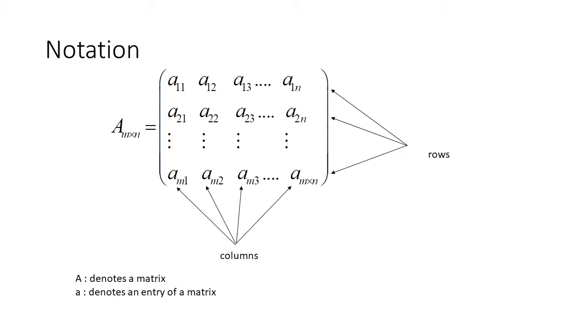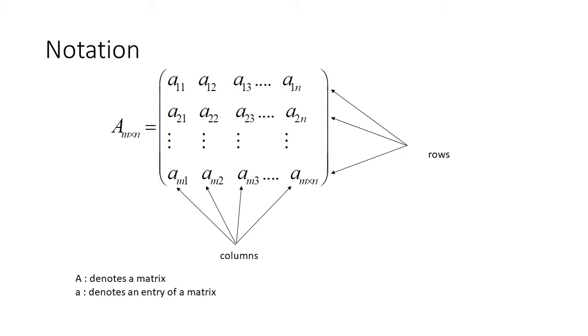a11, a12, a13, dot dot dot, a1n represents the first row. a21, a22, a23, a2n represents the second row. am1, am2, am3, amn represents the mth row. So it has m rows. Now let us see how many columns there are.